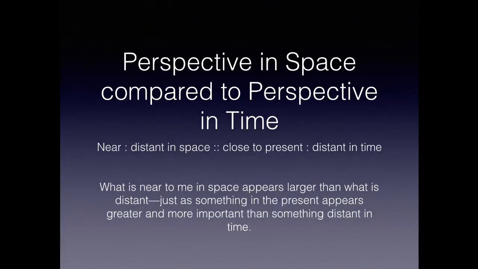But it appears to us that the quarter is larger even than the sun. So things that are closer appear larger than things that are further away, even though that's not the way they really are. And Socrates says, well, it seems like the same thing happens with time, too. There's this kind of perspective distortion in time, that things that are close in time look bigger than things that are further away.